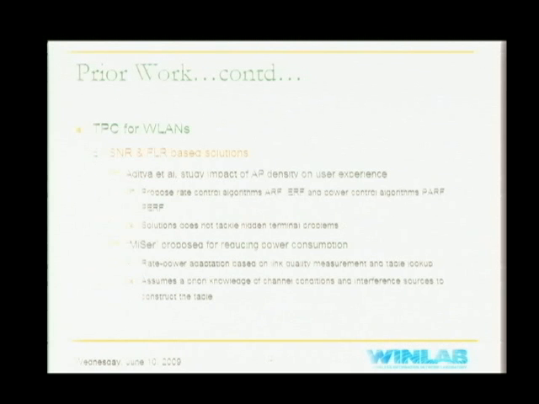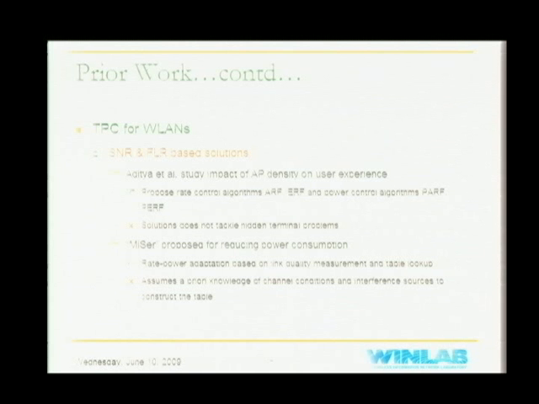There are some algorithms which already use both SNR and FLR, but they didn't tightly couple both of them to arrive at the optimal transmit power to use. There was a study of the impact of AP density on end user experience. They proposed 4 algorithms, 2 of them rate control and 2 power control.